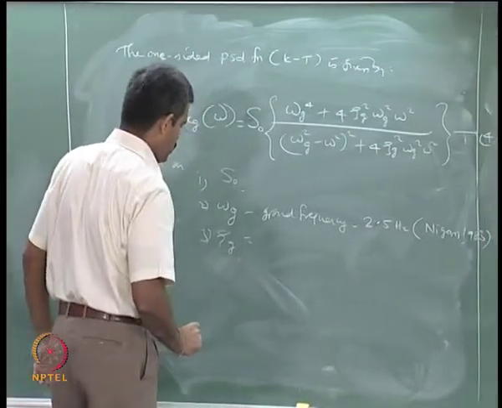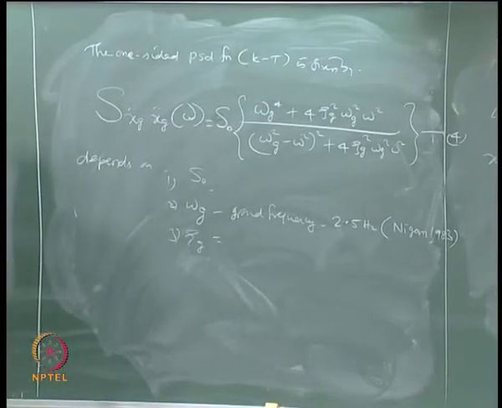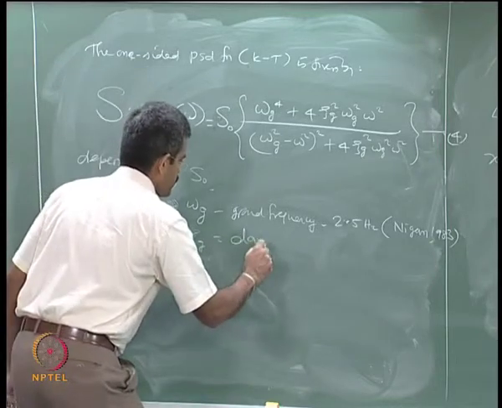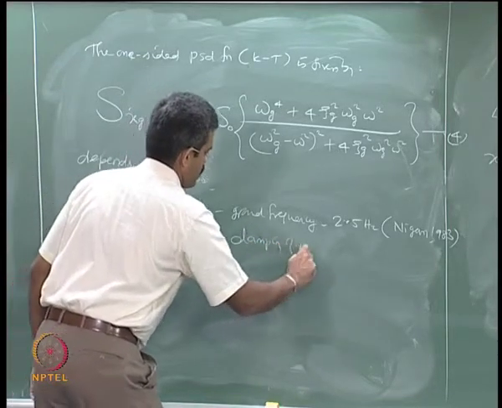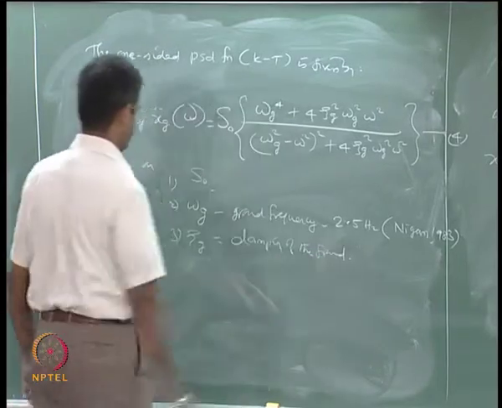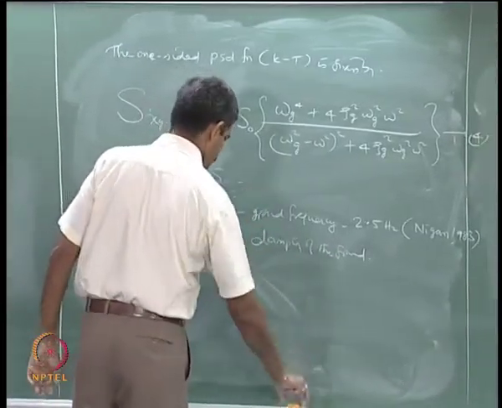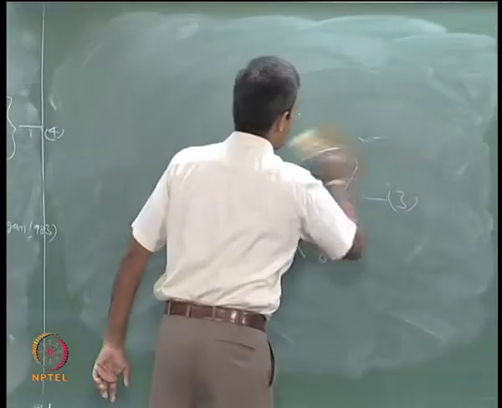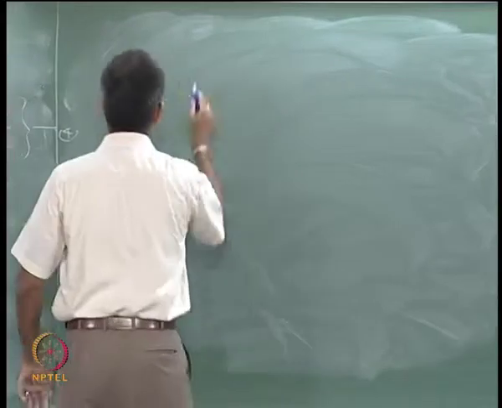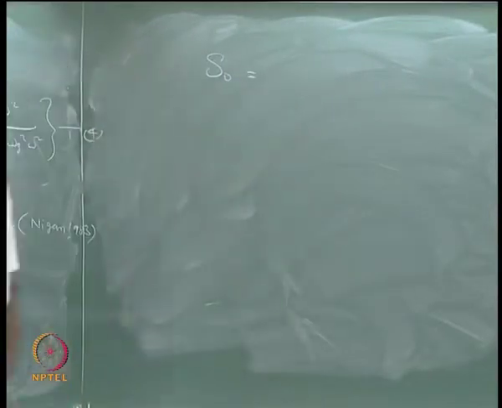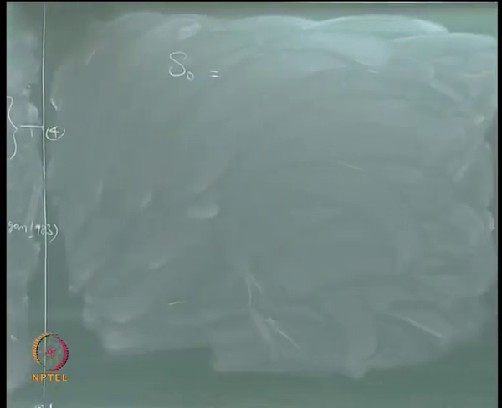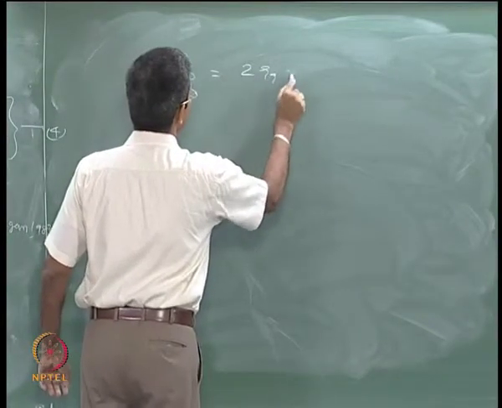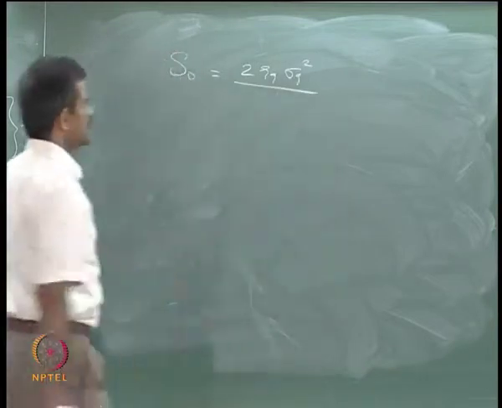Zeta g is called the damping of the ground acceleration. Now, S naught is a spectral parameter which is given by this equation.